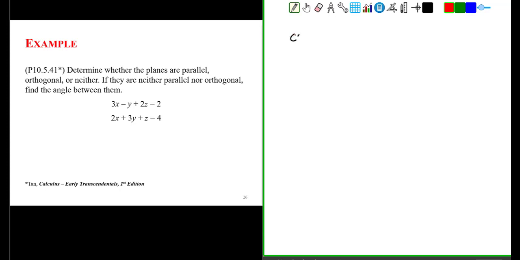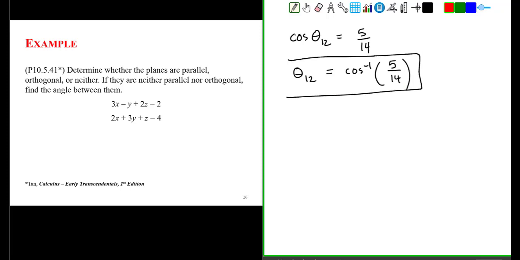Since the cosine of the angle between those two planes is equal to 5 over 14, if we take the inverse cosine on both sides of the equality, we end up with the inverse cosine of 5 over 14 being the angle. This is our exact answer, but let's see what that answer is in degrees.